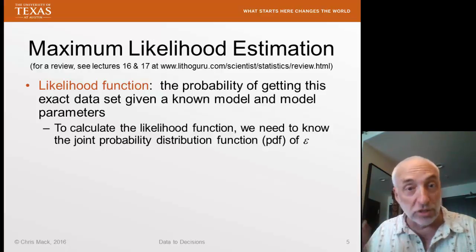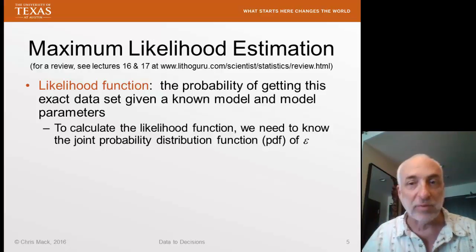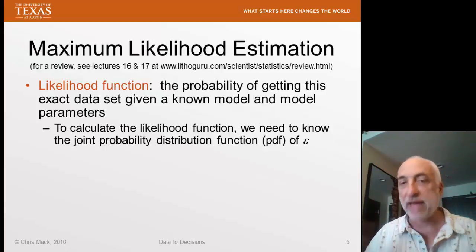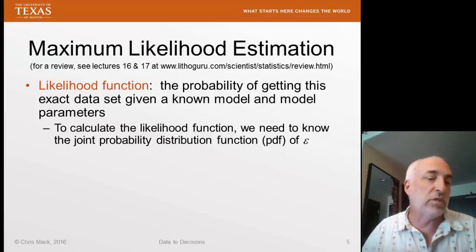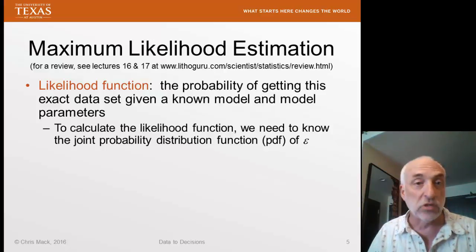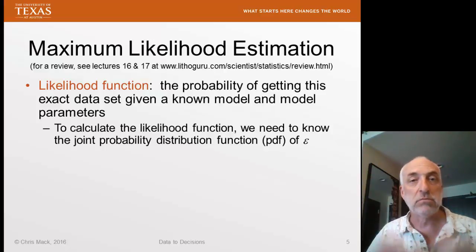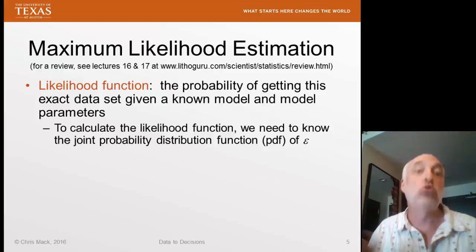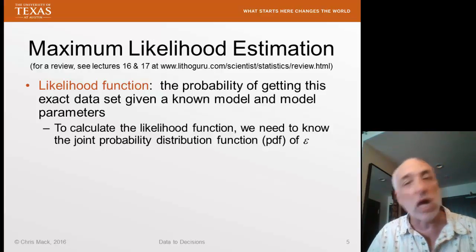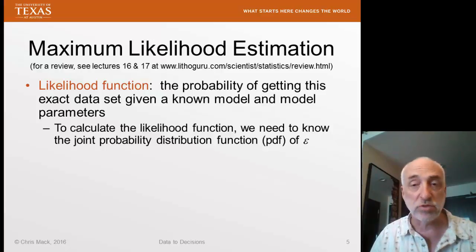But this model includes a random piece, epsilon, which has a probability distribution function that results in some random variation. So any given data set could happen, but is more or less likely depending on the model and the probability distribution function.